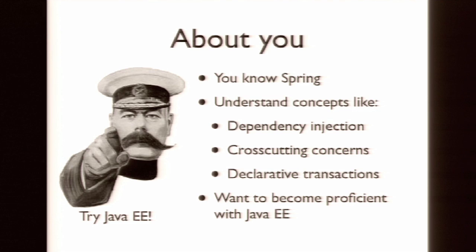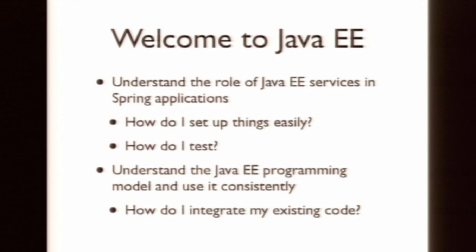What I discovered when people try to use Java EE is that everything is great when you start learning from the tutorials. Everyone's showing you how to start from scratch, and so on and so forth.